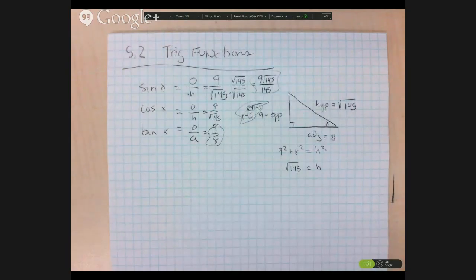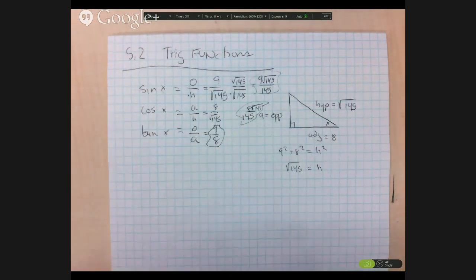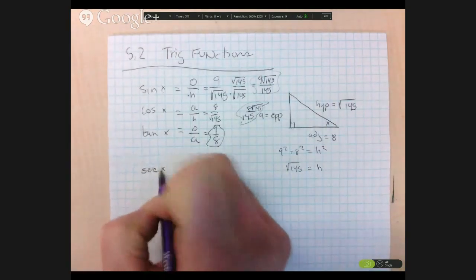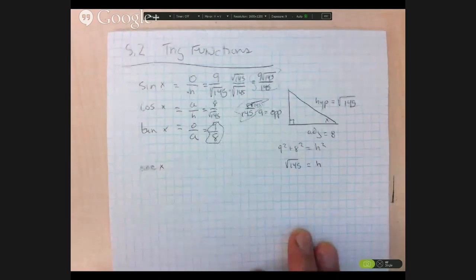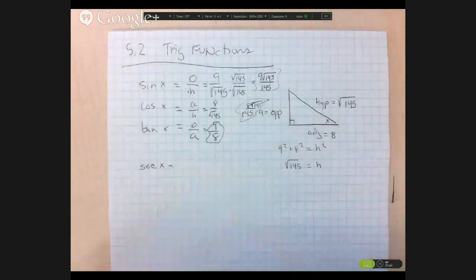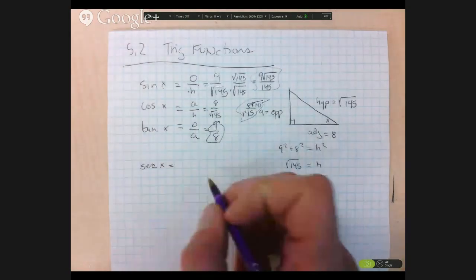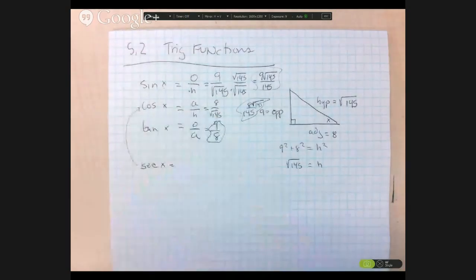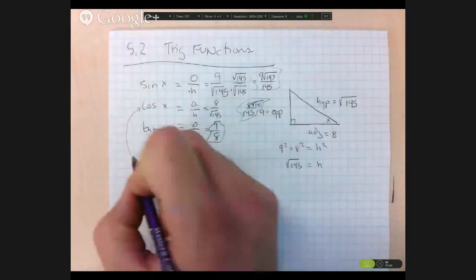Fortunately. Okay, we're going to add a few more of these. We have something called secant. The secant of X is the reciprocal of cosine.